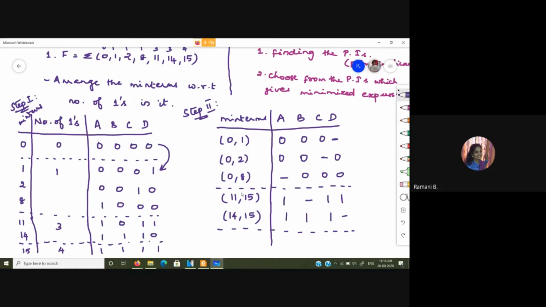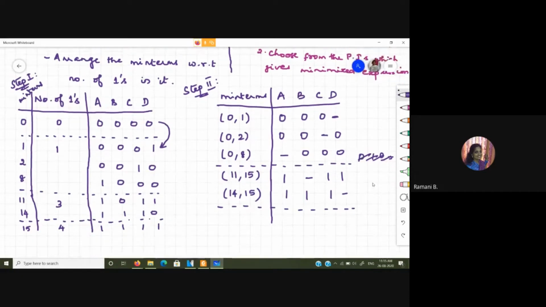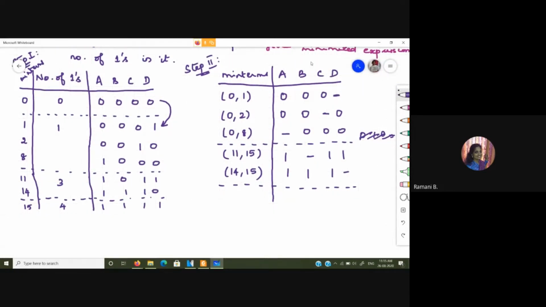So if suppose you had a term in between like 0 1 0 dash, then you would be forming the next pair with respect to that. Here we are not having it, so let us not bother. We will see some other example. So now you cannot further simplify these terms.